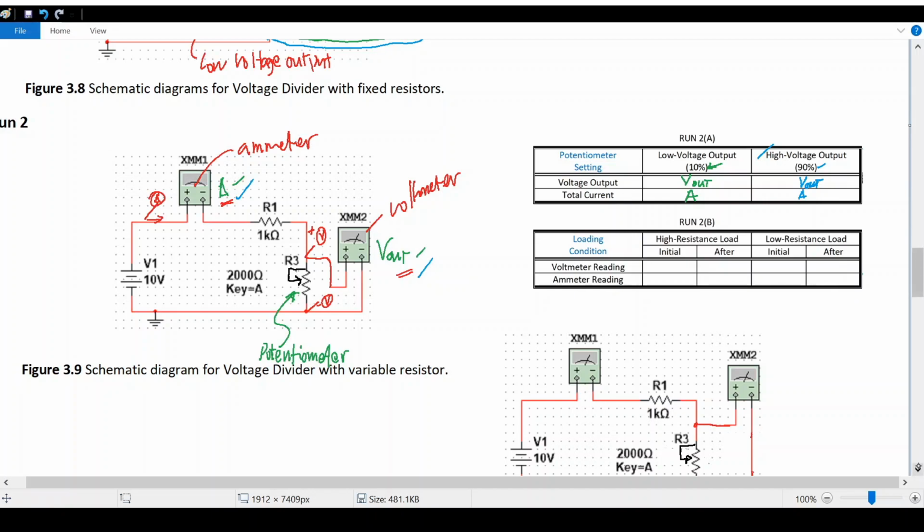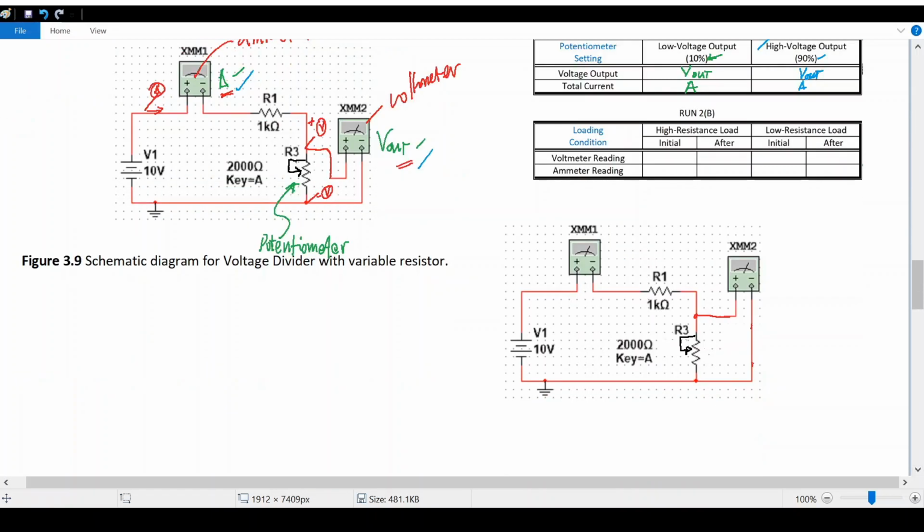For run 2B, this is a loaded voltage divider.